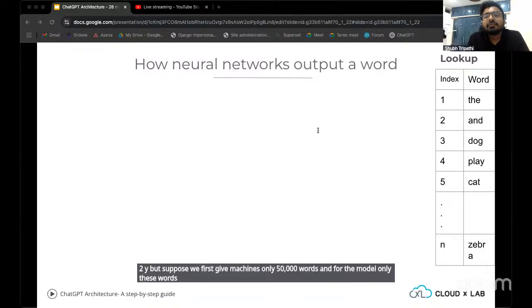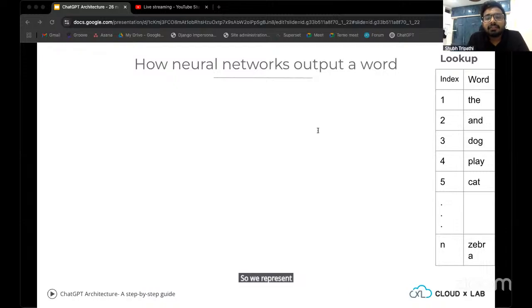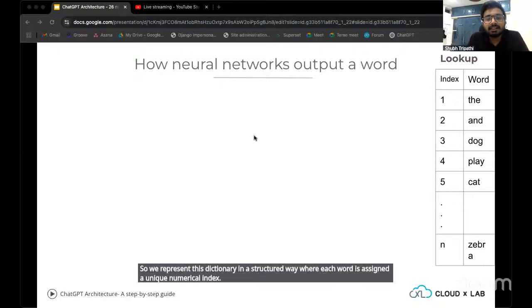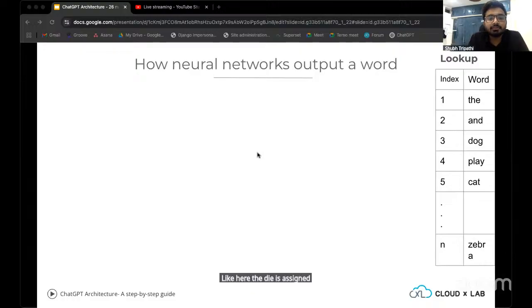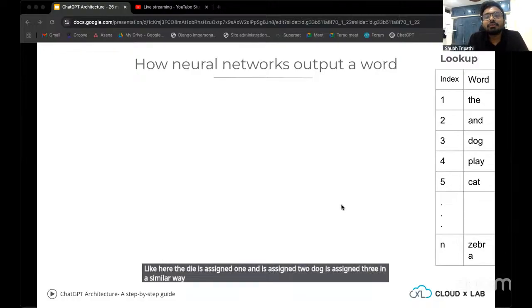We represent this dictionary in a structured way where each word is assigned a unique numerical index. Here, "the" is assigned one, "and" is assigned two, "dog" is assigned three, and so on. Now, when the model needs to generate the next word in a sentence, it doesn't just magically come up with it.